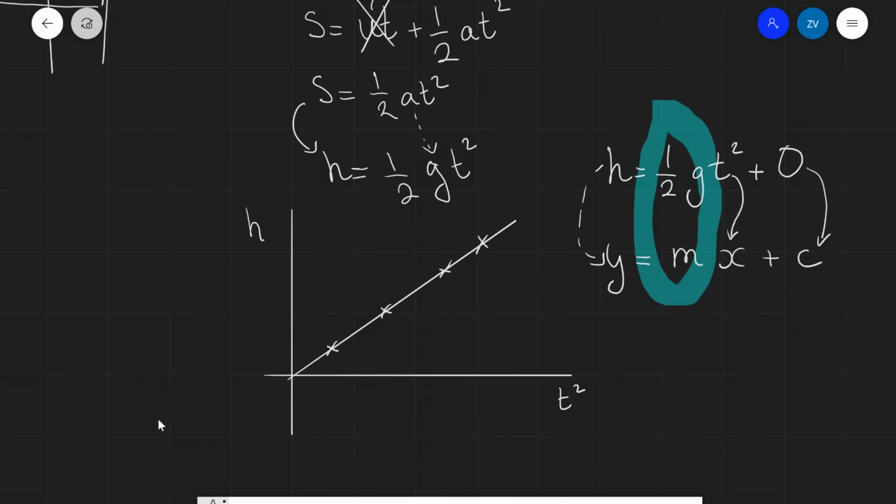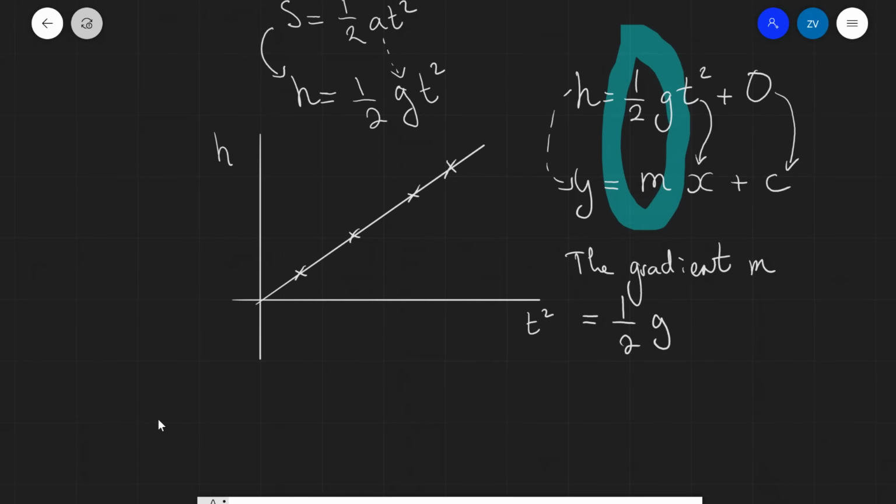So the gradient m is equal to a half g. If we rearrange for g, it will be equal to twice the value of the gradient.